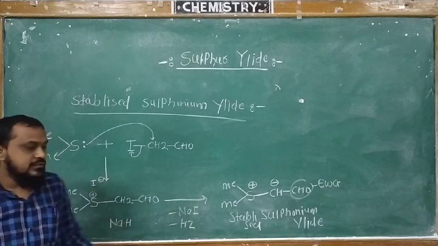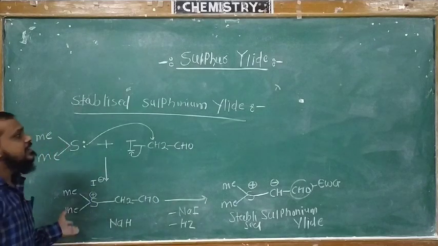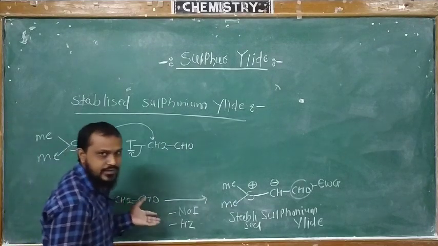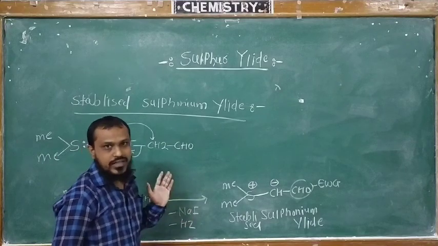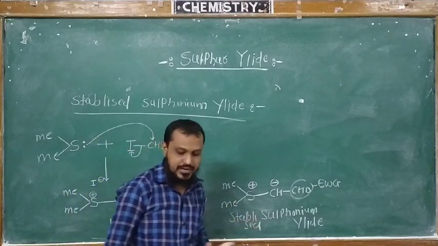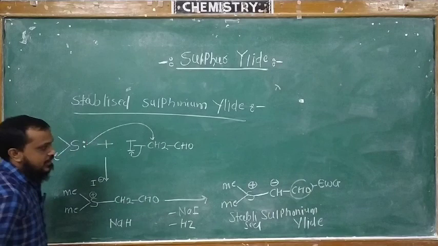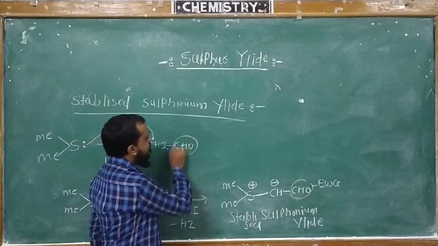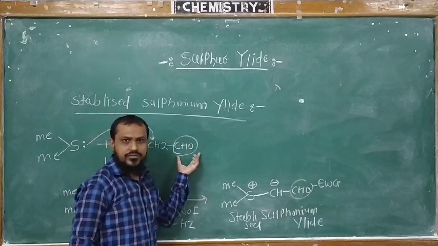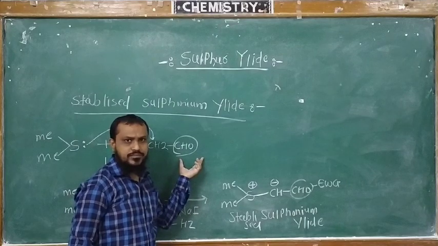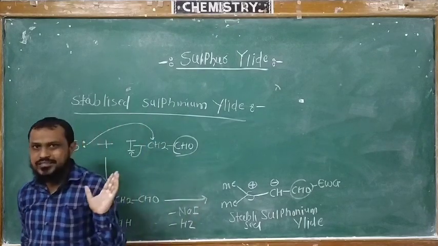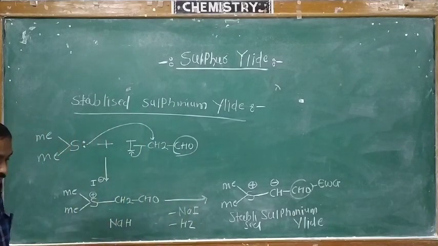So this is all about the preparation and definition with explanation of stabilized sulfonium ylide. Here we can also use different types of electron withdrawing groups in the preparation of stabilized sulfonium ylide.